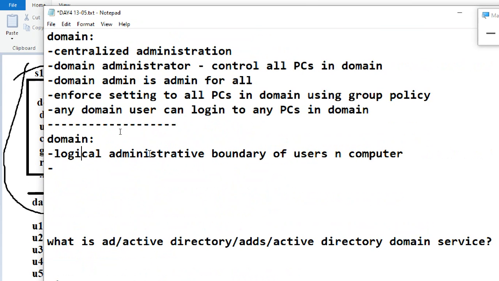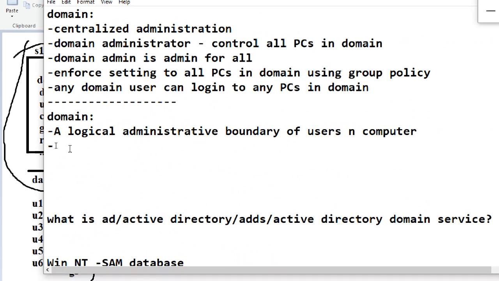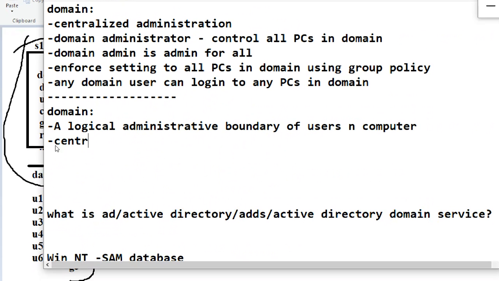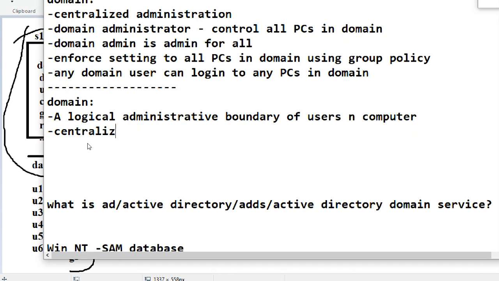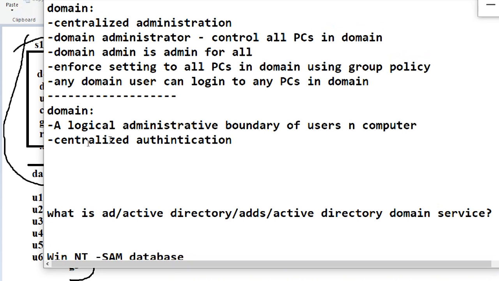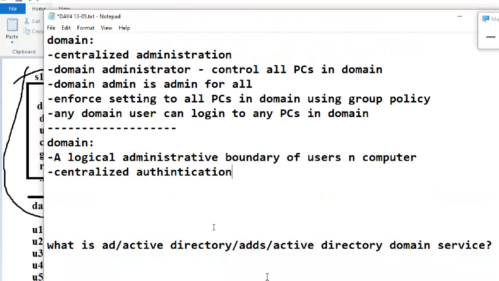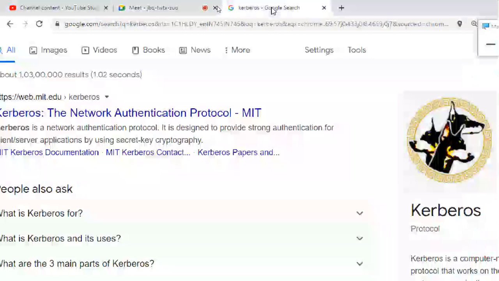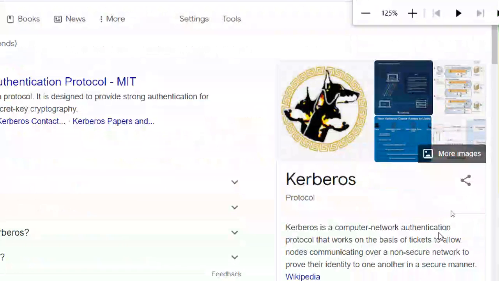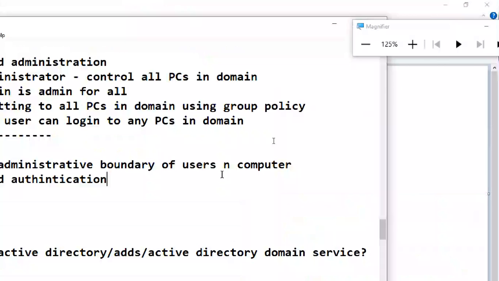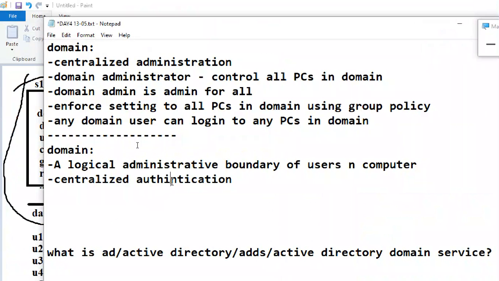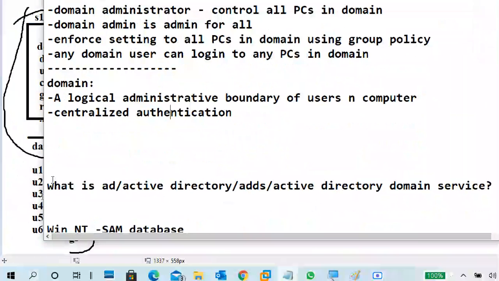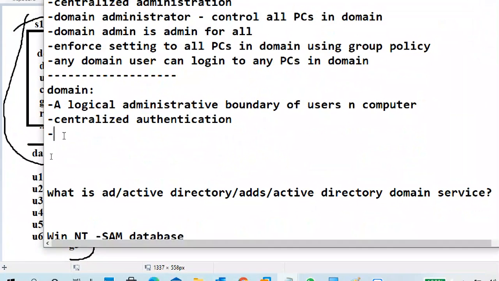So what is a domain? A logical administrative boundary of users and computers. First one, it does centralized authentication. Okay, centralized authentication it will do.